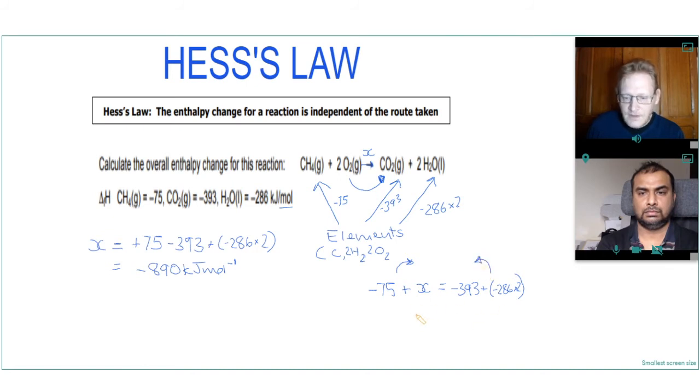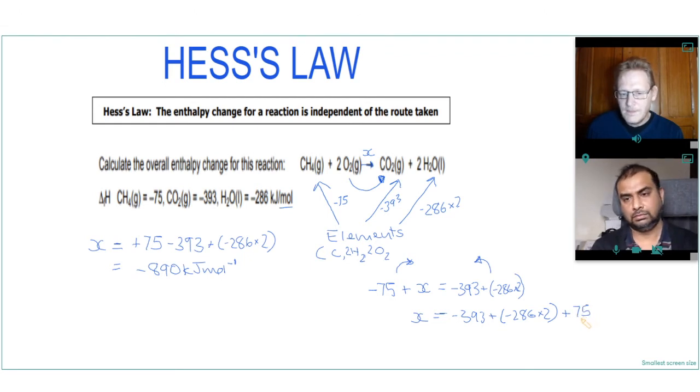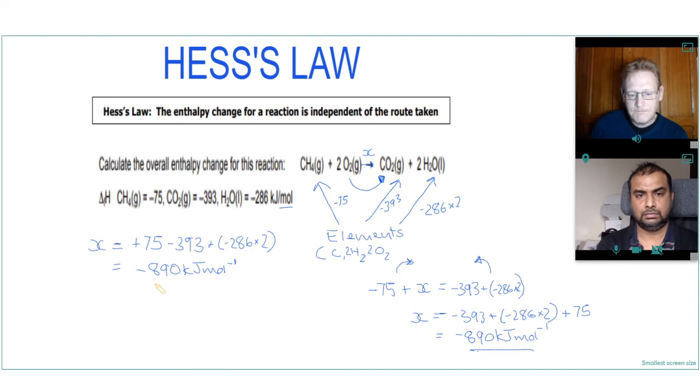And if we rearrange all that, we get X equals minus 393 add minus 286 times 2. And moving the minus 75 to the other side of the equation would give us plus 75. We see we've got the same equation as the other method, and that would equal minus 890 kilojoules per mole. So a slightly different method, but the same answer.